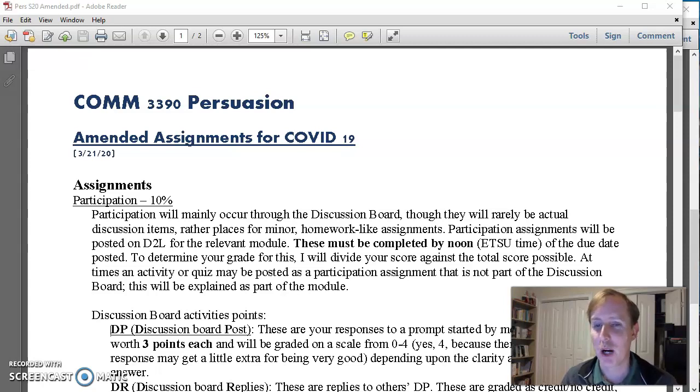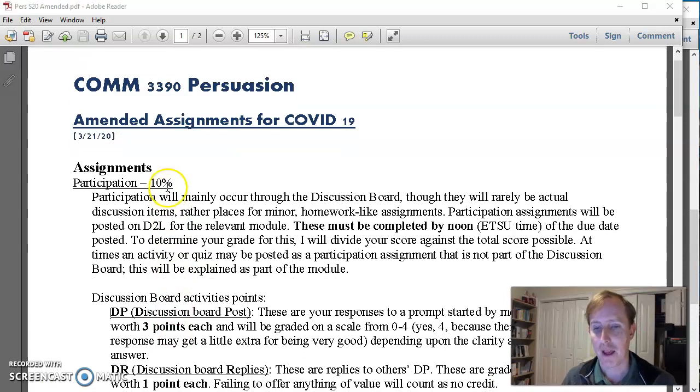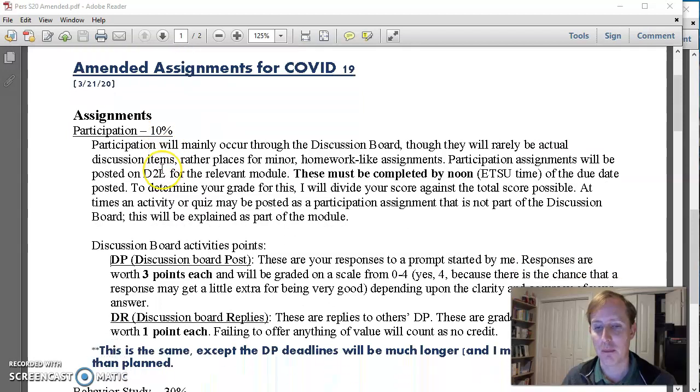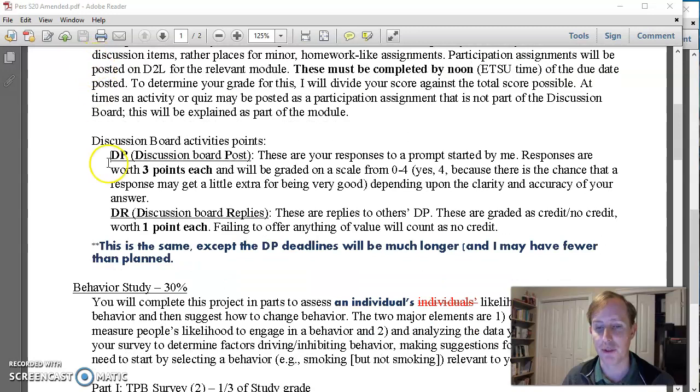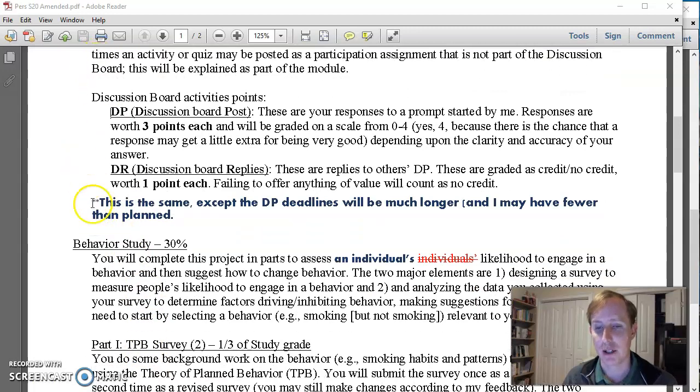All right, so here we're looking at the amended assignments, as of really as we're coming back from spring break. The first assignment is participation, and I put a note here. After each assignment, you'll see a note in dark blue, with asterisks and a different font.